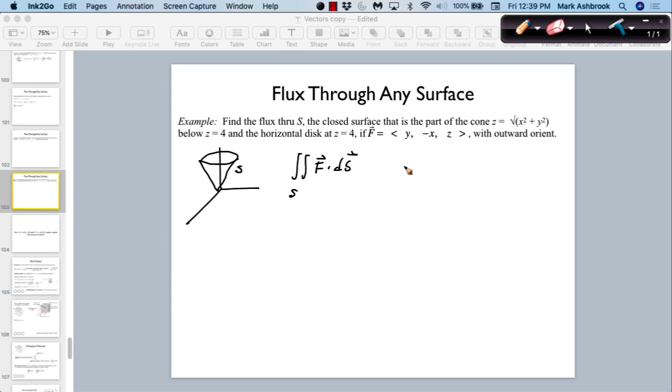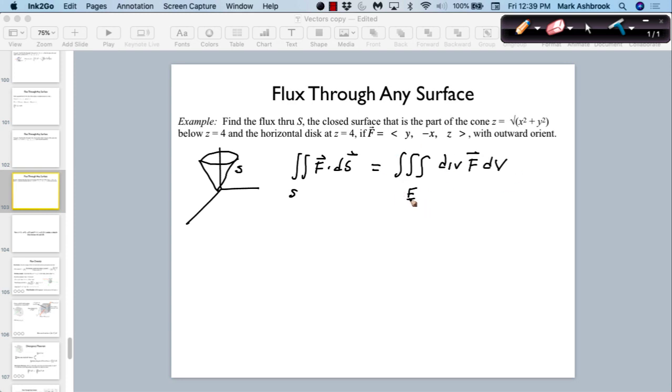The triple integral of the divergence, dx dy dz. This fits the bill for the divergence theorem because you're calculating the flux of a closed surface. So we can also calculate the triple integral of the divergence of F.